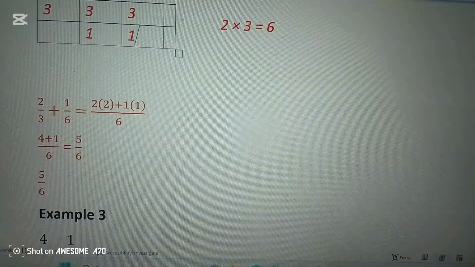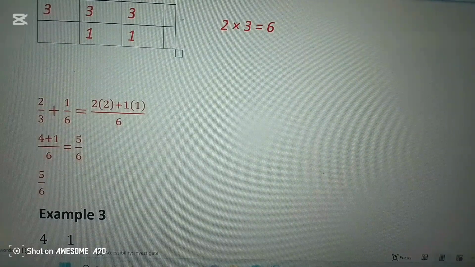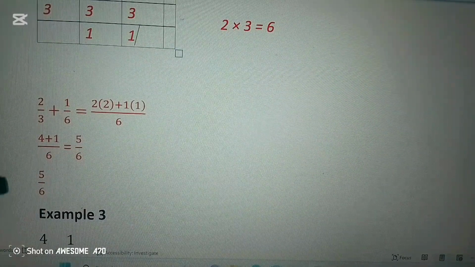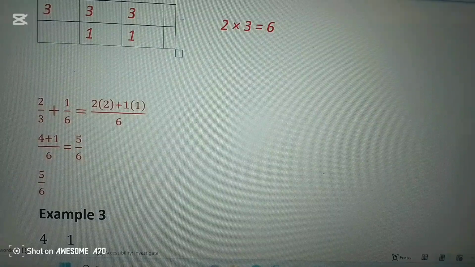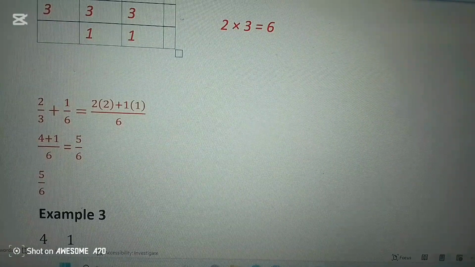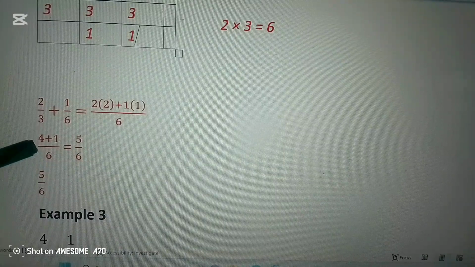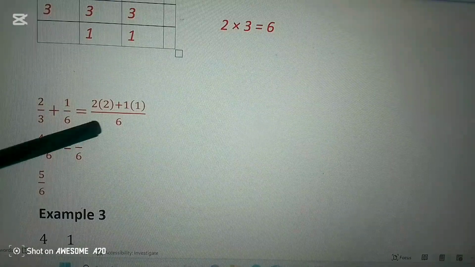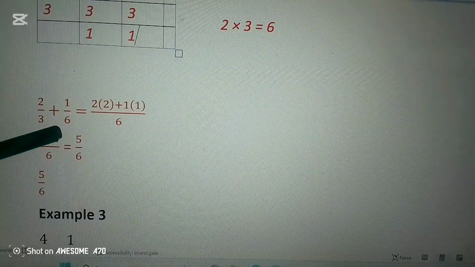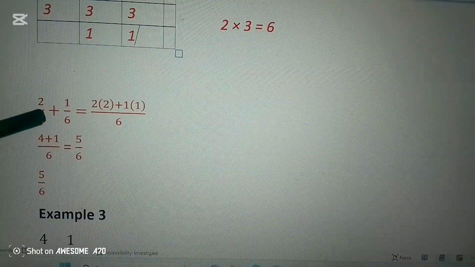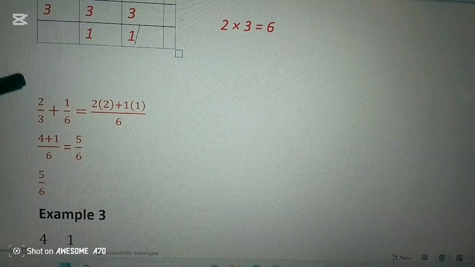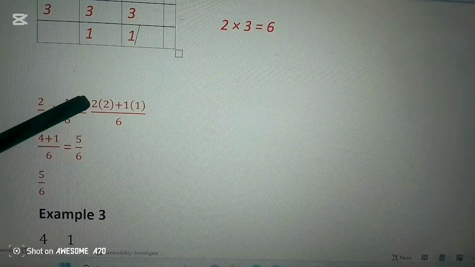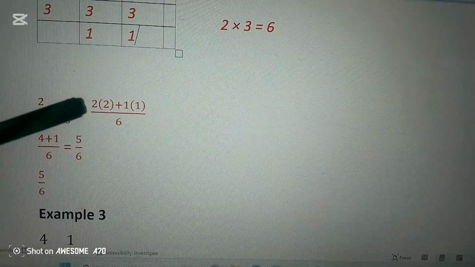So this is how it's done. 2 over 3 plus 1 over 6. The LCM is 6, so the denominator here is 6. To find the numerator, we divide 6 by 3, then multiply by the numerator. 6 divided by 3 is 2.